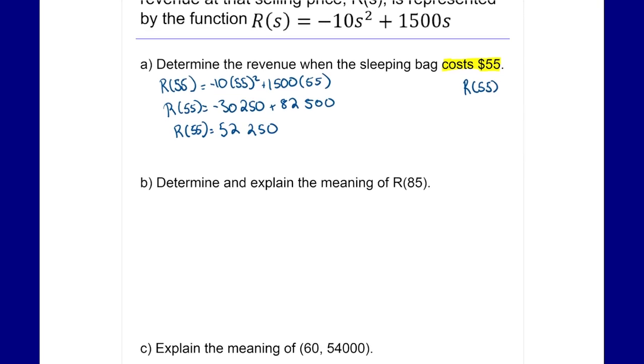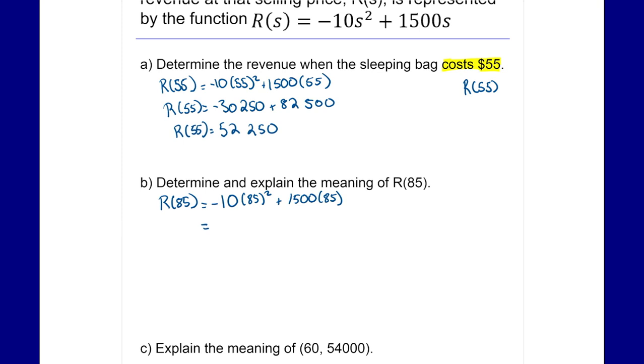Determine and explain the meaning of R at 85. So I can determine that first. R at 85 just basically again means I'm replacing the S value in our function with 85. Negative 10 times 85 squared plus 1,500 times 85.